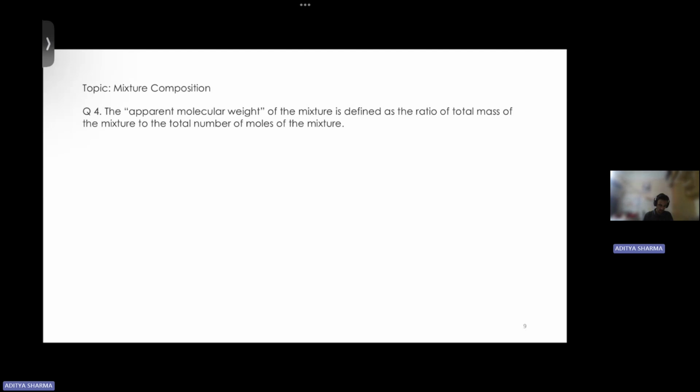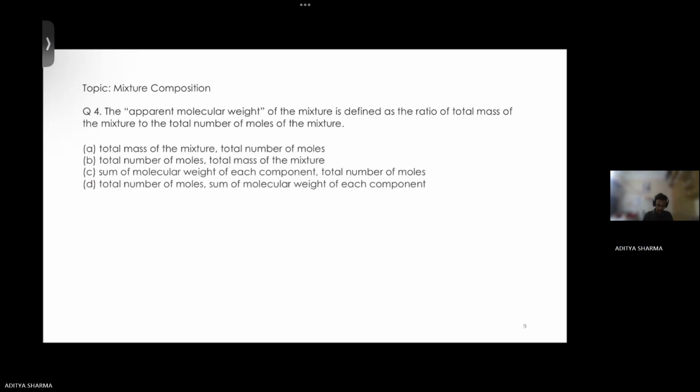Question number four is on the topic mixture composition, and it says that the apparent molecular weight of the mixture is defined as the ratio of. Sorry.